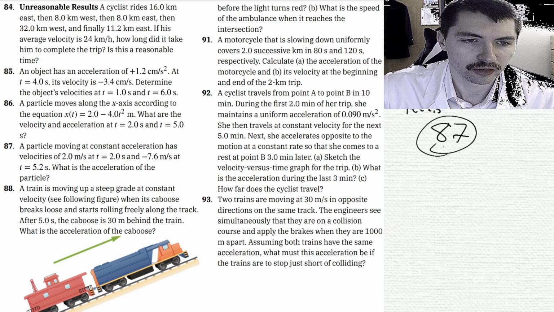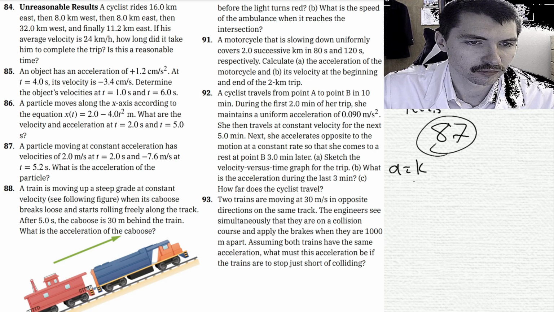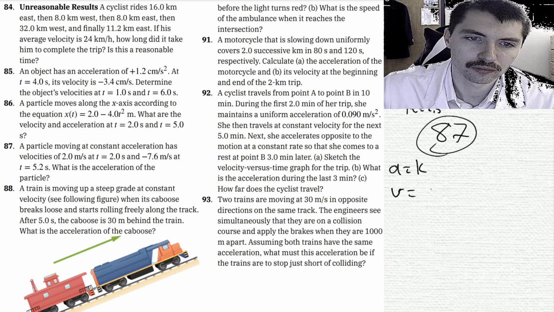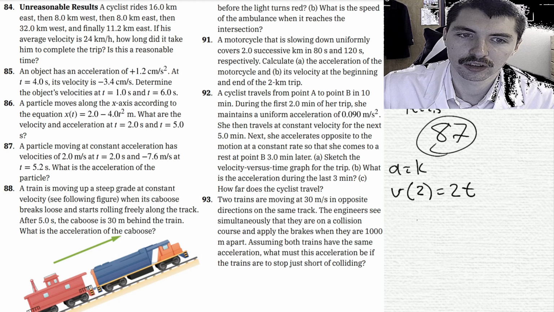A particle moves at a constant acceleration. Okay, so a is, let's say, a constant. v at t is 2t. No, it shouldn't be that. v of 2 is 2.